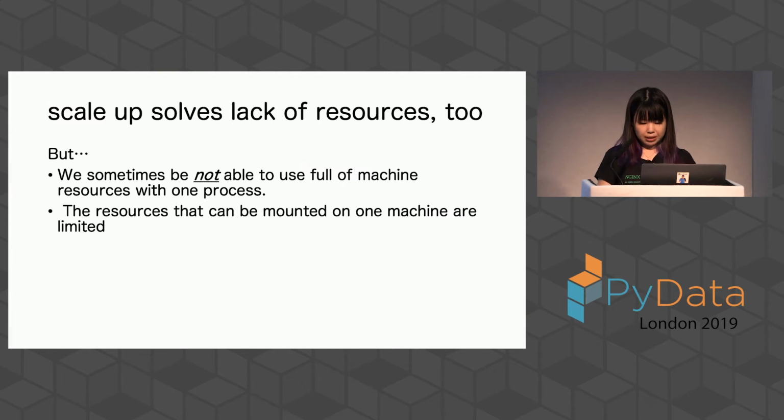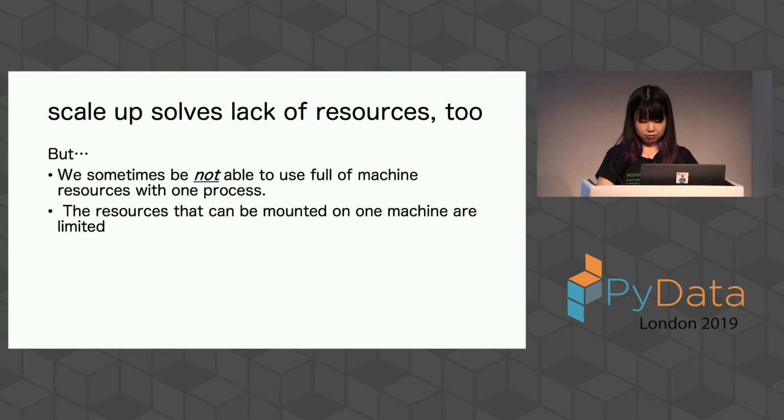So there may be many CPUs and a lot of memory in the machine, but the process cannot use those resources efficiently, and most resource status is idle.